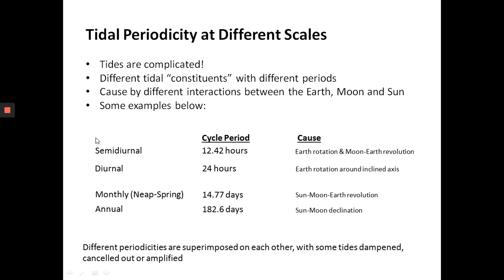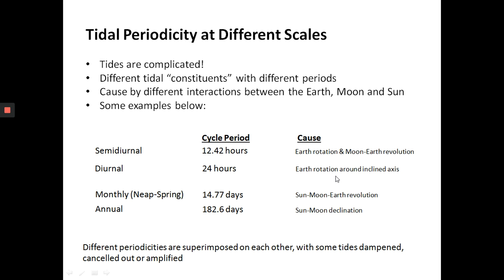So we looked at the simple semi-diurnal tidal cycle. It has a period of 12.42 hours, right? And it is caused because the Earth rotates, and then because you have the Moon and Earth revolving around each other. So you get gravitational attraction, and you get centrifugal force in the opposite direction, and you get the two tides per day. But you can also get diurnal tides, and the period is 24 hours.